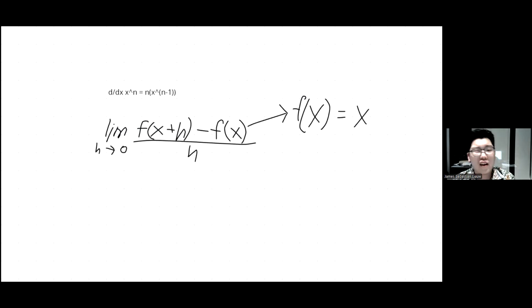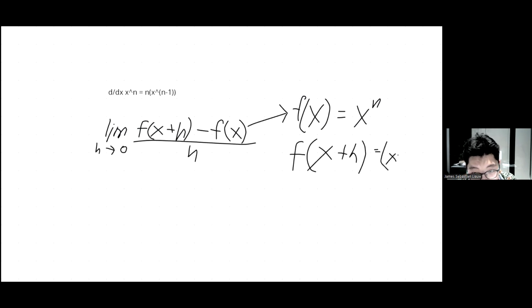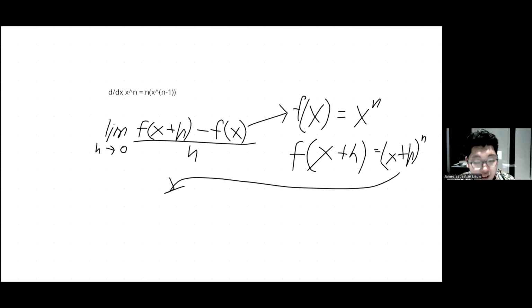So we know f of x is x power n, which means if you have studied your functions properly, then you will know that f of x plus h is x plus h power n. And this is what I mean by this proof needs some stuff from additional maths. Well, how do you expand this?